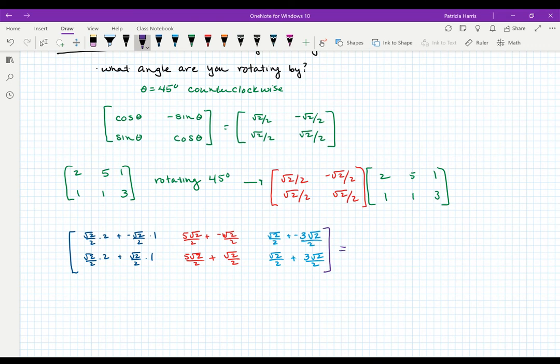Now what I'm going to do is I'm going to get my calculator out, do decimal approximations for everything. Okay. This might take a bit.